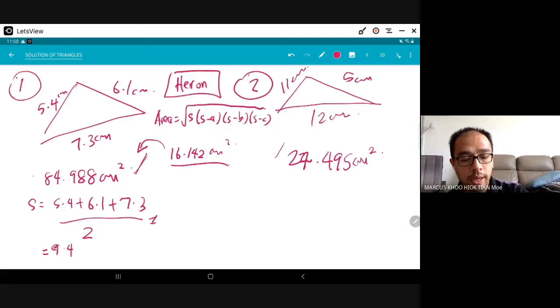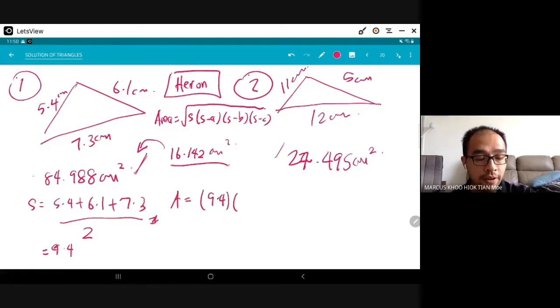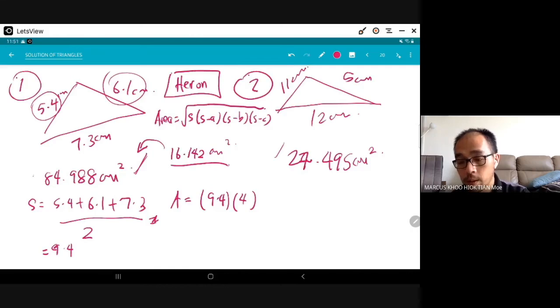So the area will be 9.4 times 9.4 minus 5.4, which is 4, times 9.4 minus 6.1, you get 3.3, and then 9.4 minus 7.3, 2.1.